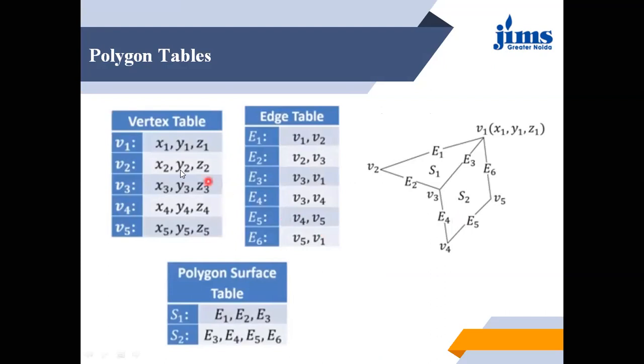In the vertices also, you can see over here that when we store the vertex table, only the vertex coordinates, that is x1, y1 and z1, are represented only once, not more than once. So we cannot minimize more than this.